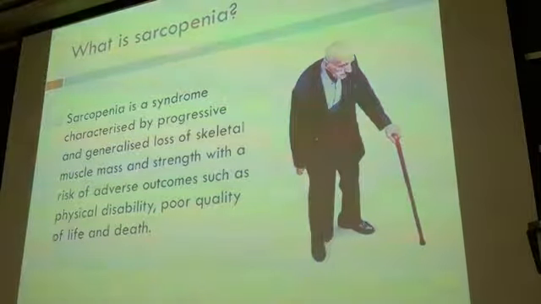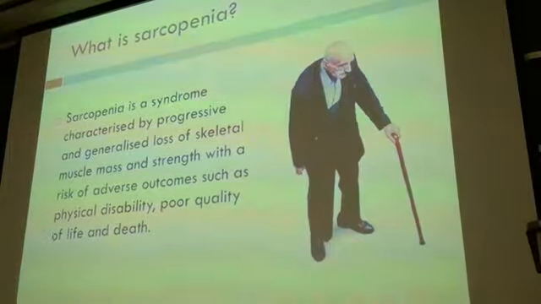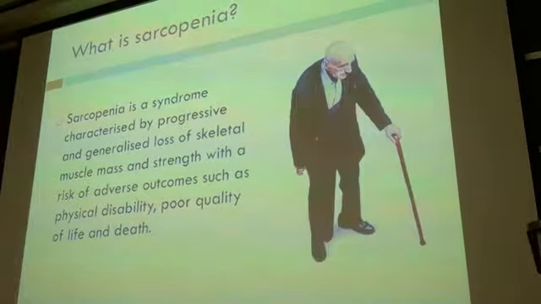So even though none of you have to worry about this right now, what I'll also try to convince you of is that the processes that lead to sarcopenia do start much earlier. And you all ought to be thinking about that in your own lives as well as your interest in biology.